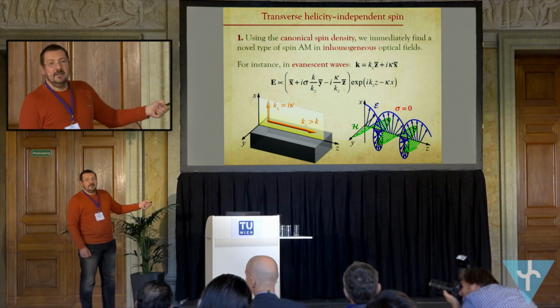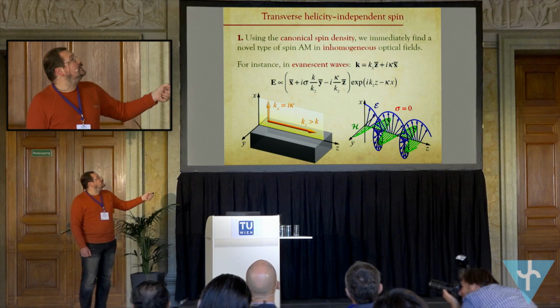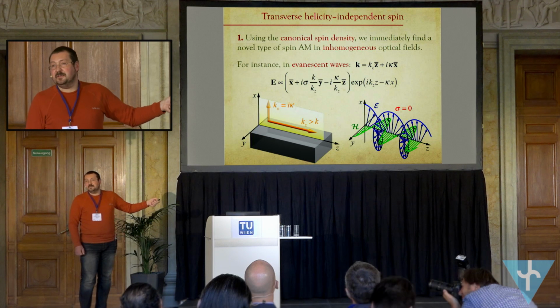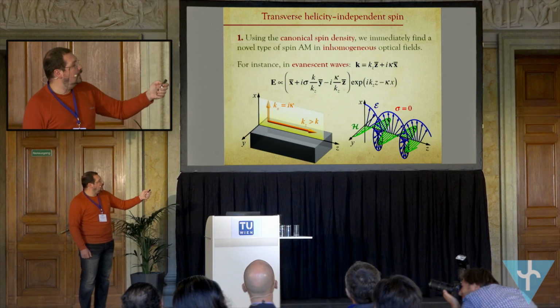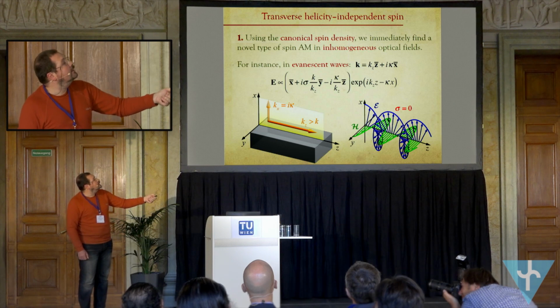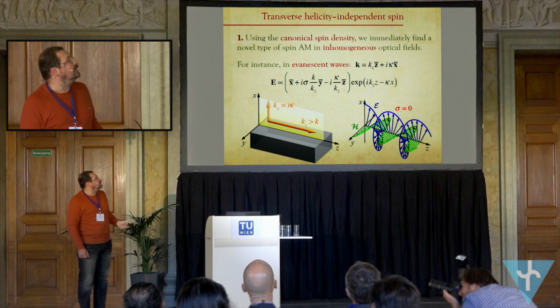Consider, for instance, this single evanescent wave. It can be regarded like a plane wave with complex k vector. Kz component is the propagation direction, and this imaginary component is the exponential decay direction.